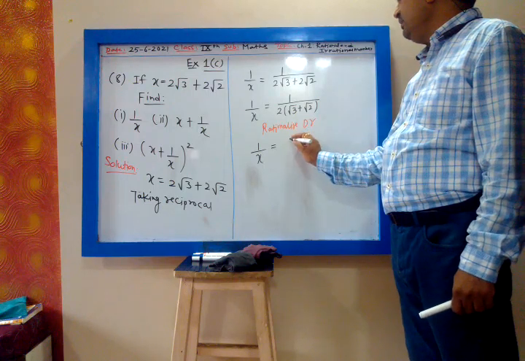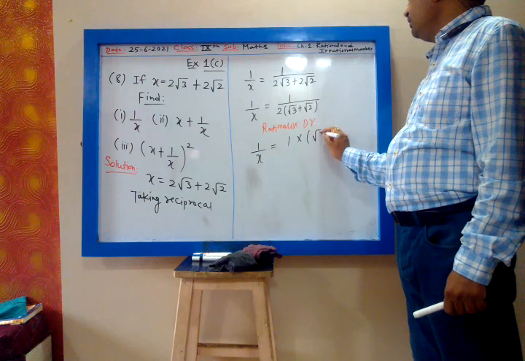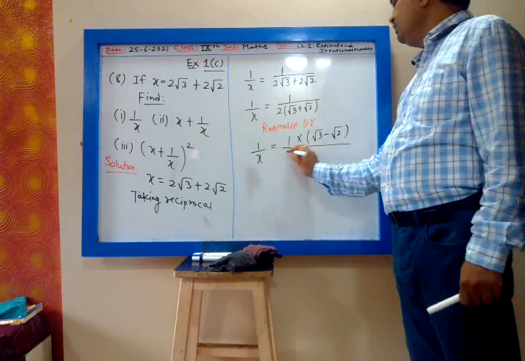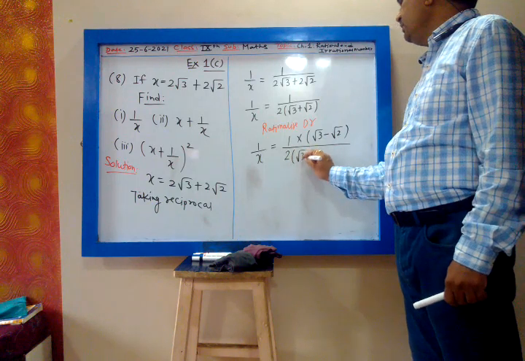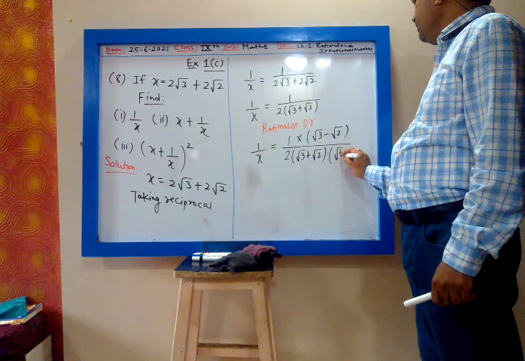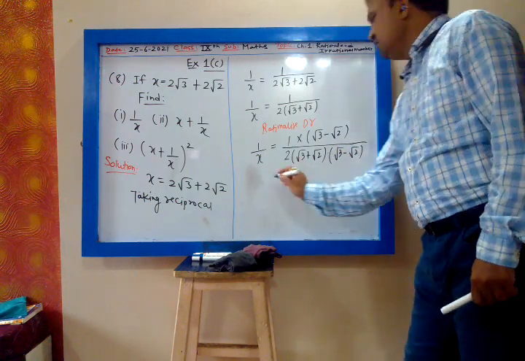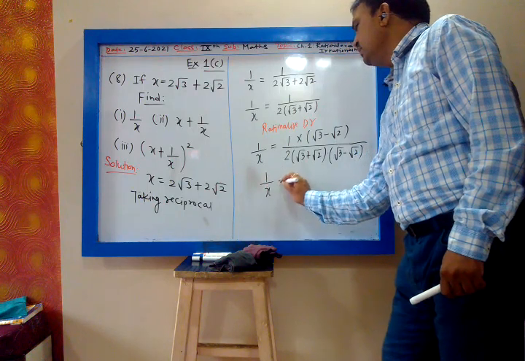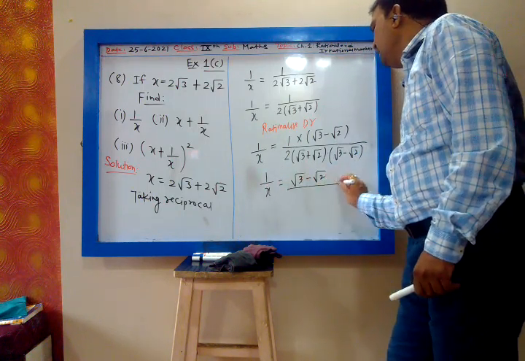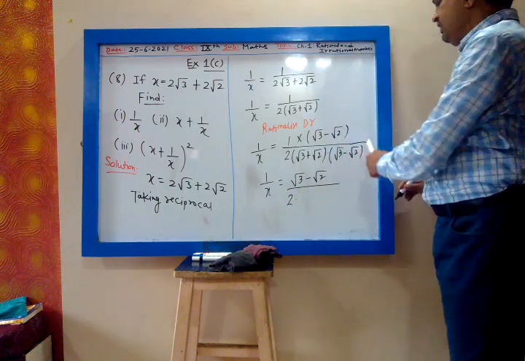So multiply and divide by root 3 minus root 2. So 1 into root 3 minus root 2, divided by 2 into root 3 plus root 2 into root 3 minus root 2. So 1 upon x is root 3 minus root 2 divided by 2 into a plus b into a minus b.